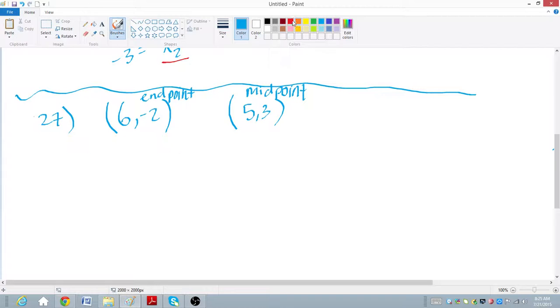All right, now let's follow the formula. The formula is: midpoint of x is equal to x1 plus x2 divided by 2. And midpoint of y is equal to y1 plus y2 divided by 2.